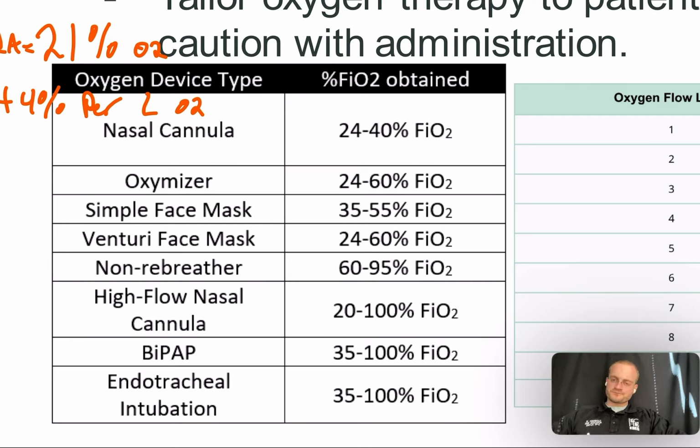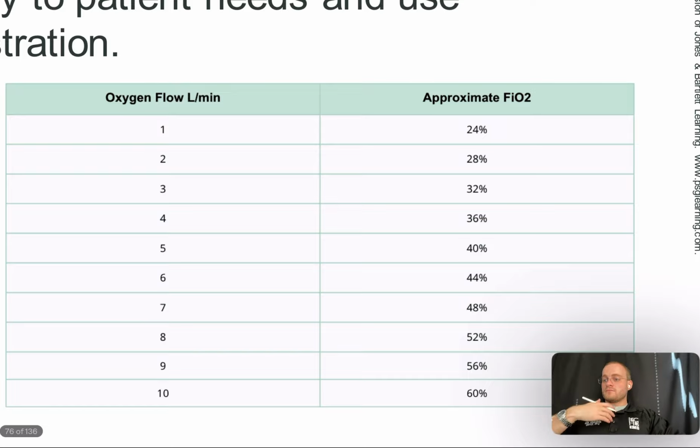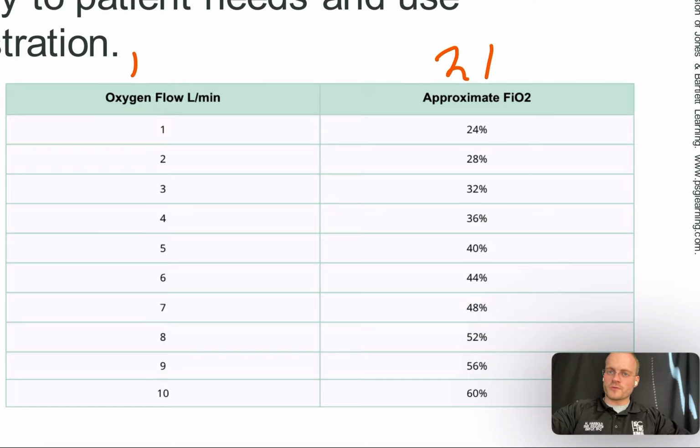A nasal cannula, as you can see over here, at 0 liters per minute is 21%. So that's up here, right? This is room air. If we add a liter, it's 24%. If you add 2 liters, it's 28%, and 32%, and so on. Typically, for the most part, nasal cannulas will stop around 6 liters, because much higher than that becomes really uncomfortable for the patient. Okay.